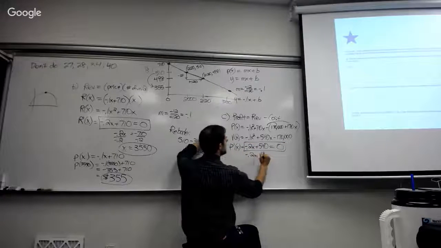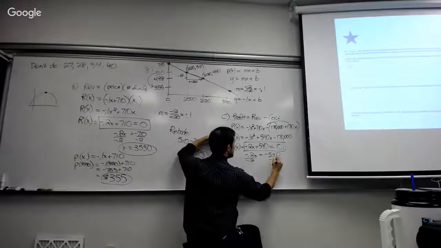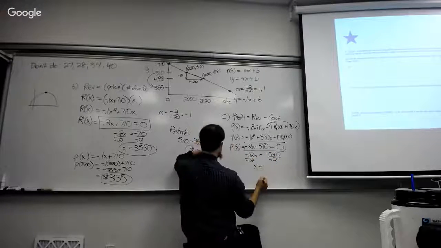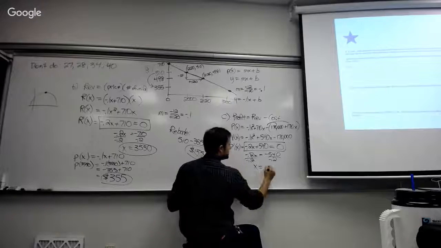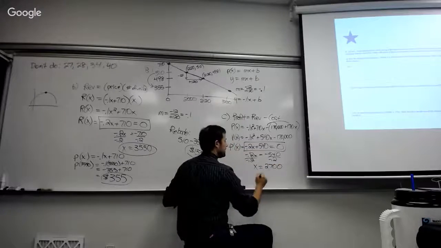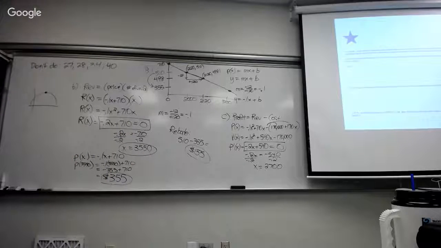So I have negative 0.2x equals negative 540, divide off the negative 0.2, and I get x equals what? 2,700? 540 divided by 0.2? Yeah, 2,700.